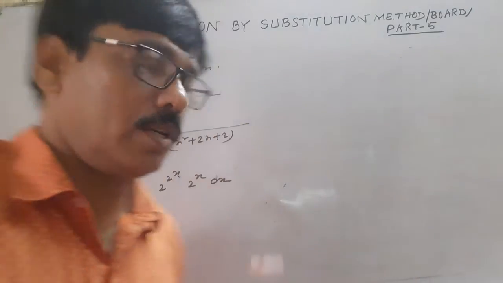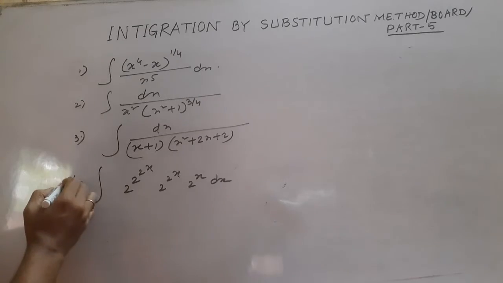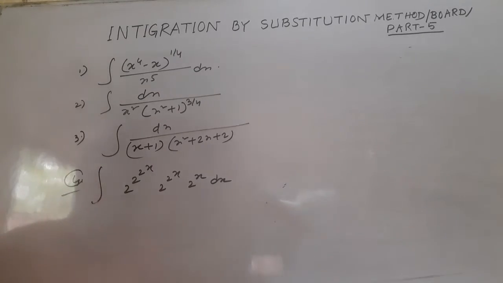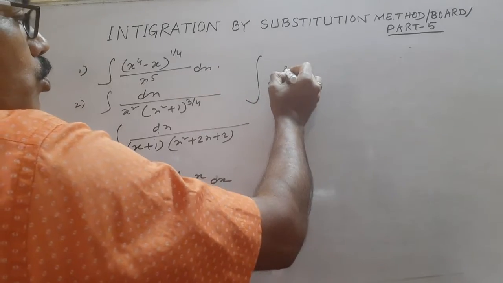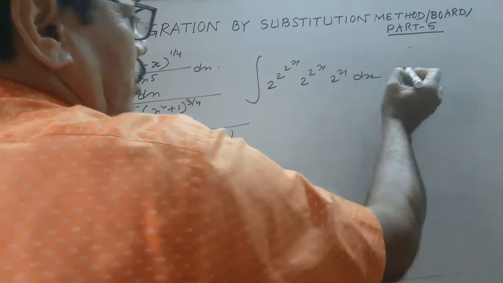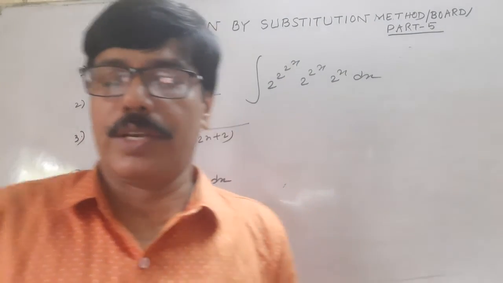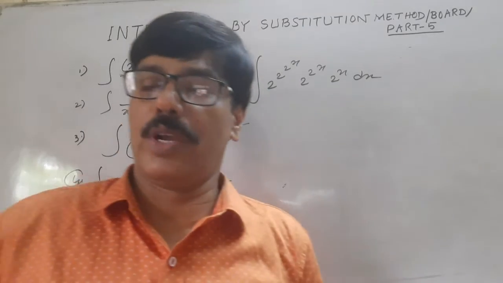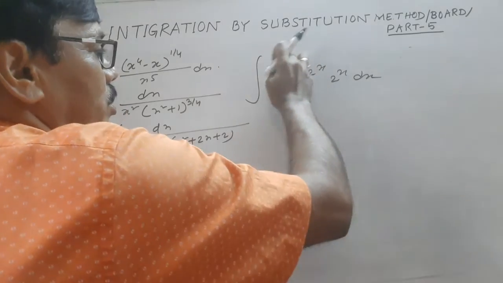Now we consider finally the last one. Now we can integrate 2 to the power x when it is linear. Now this one is not linear.